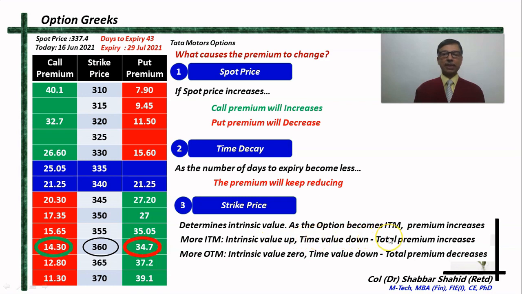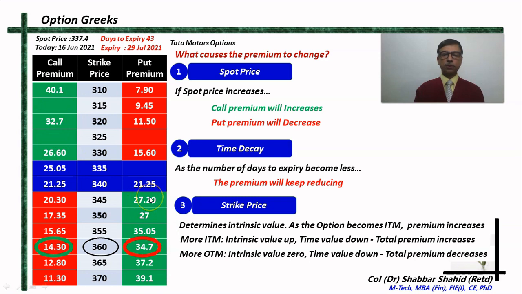As the option becomes in the money, the premium will increase. We know that. So more and more the option becomes in the money, the intrinsic value will go up, time value will come down. Say for example here in 40 or all these green you see, in all these cases the time value is gradually reducing but the intrinsic value is increasing, and the resultant effect is that the total premium keeps on increasing as you go more and more in the money.